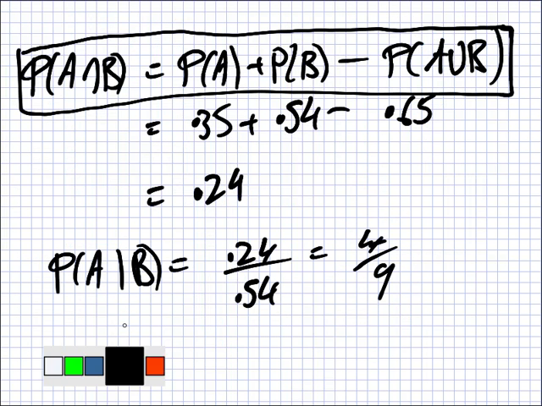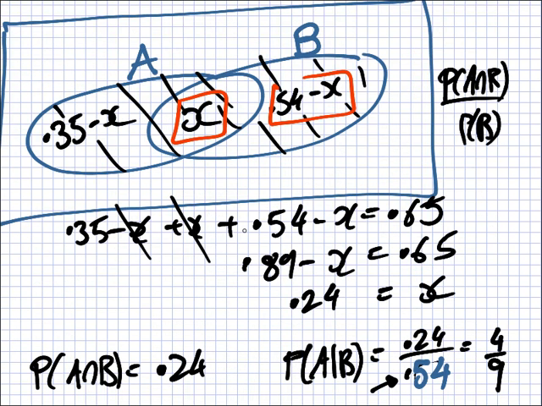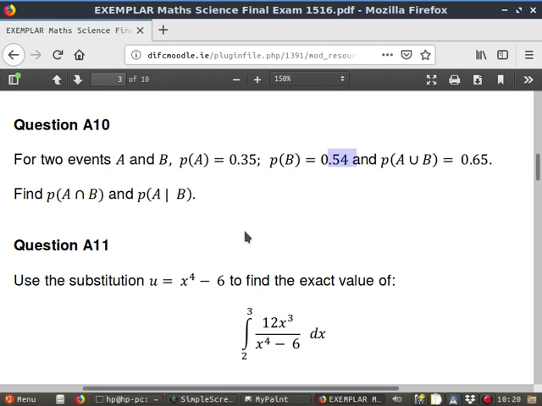Interesting. I did something slightly different. If you go up a second, I assumed that there was a C and it all adds up to 1, and I got a completely different answer. Because you did it wrong. What did you say adds up to 1? I said that A, B, and C add up to 1. But C is outside, so do you know how you drew the Venn diagram?